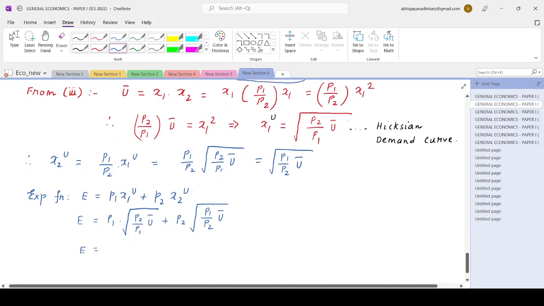So that is 2 times square root of p1 p2 u bar. This is your expenditure function that we were required to obtain. So this is the answer to part C. Thank you.